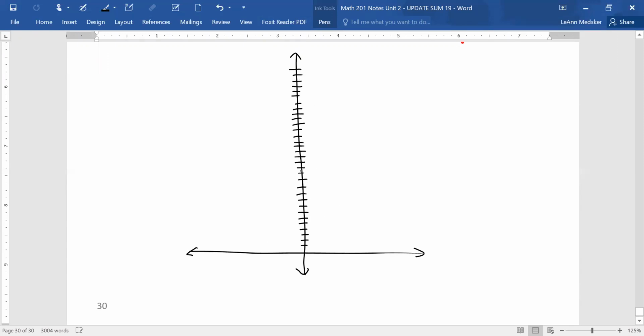I would like those to be more evenly spaced, but this is a rough sketch. 1, 2, 3, 4, 5, 6. Okay, so it looks like we cross at -5. So that's one of our x-intercepts. And at +1. And we have a y-intercept at +5.